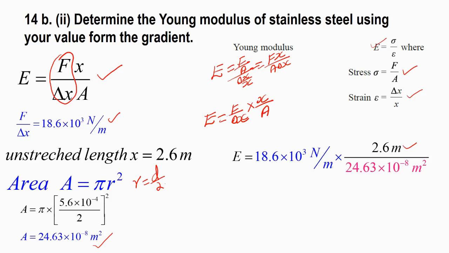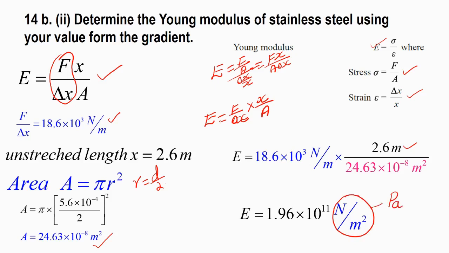By calculating this, we get the Young's modulus as 1.96 into 10 to the power 11 newton per meter square, which can be written as Pascal. So Young's modulus is 1.96 into 10 to the power 11 Pascal.